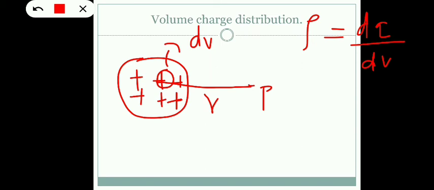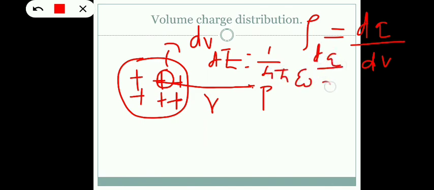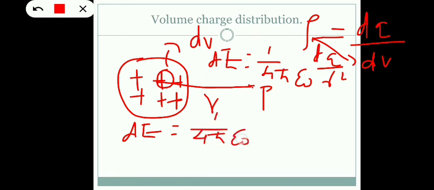Next we need to find out the electric field intensity at the point P due to this small volume dV. What is the expression? dE is equal to 1 by 4 pi epsilon naught dq by r square. Then what is the next step? Yes, dq can be rewritten using this expression. dq is equal to rho into dV. So we can write 1 by 4 pi epsilon naught into rho into dV by r square.